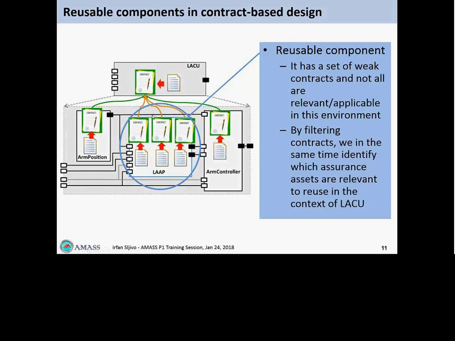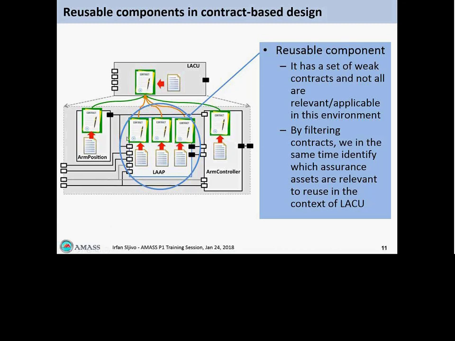By filtering which of these weak contracts is relevant for this system, and which of them satisfies the others, that is, fits into this environment, we also promote reuse, because then we also filter the assurance assets that have been attached to these contracts.